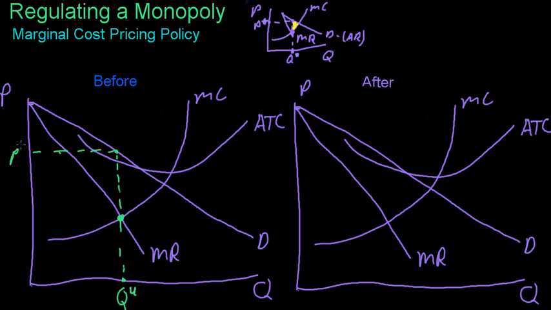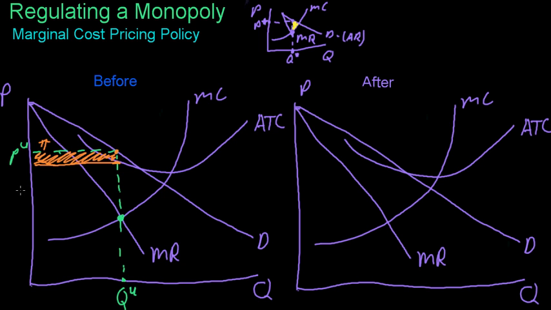And then they will earn this profit right here. It's going to be hard to see, my apologies, but it will be the difference between average total cost at this quantity and average revenue or demand at this quantity. And so they will earn this rectangle of profit. So that will be their profit.